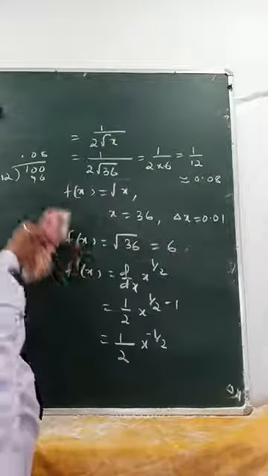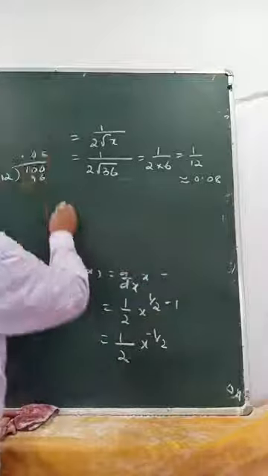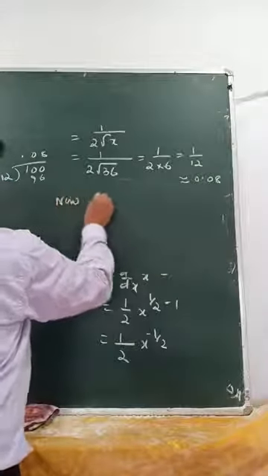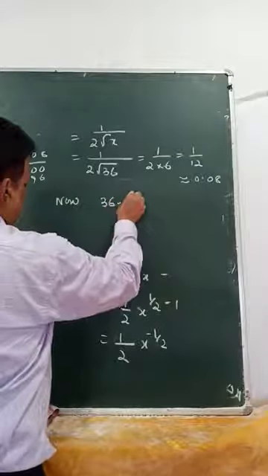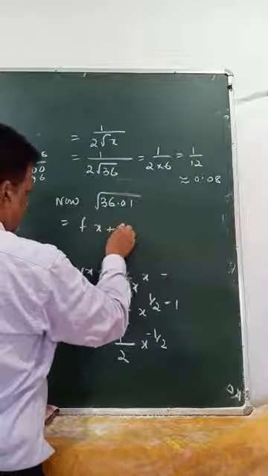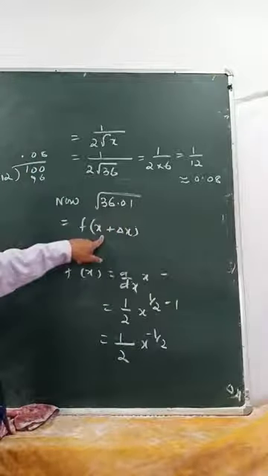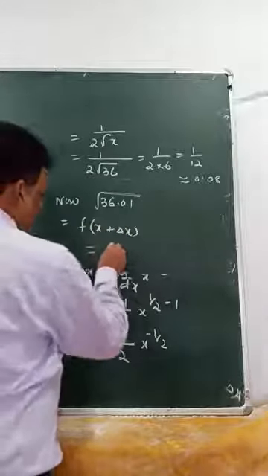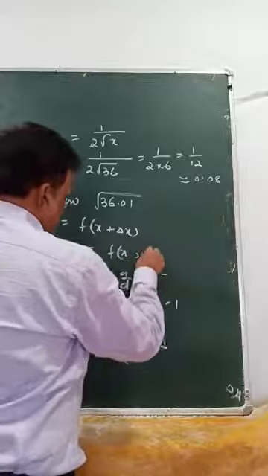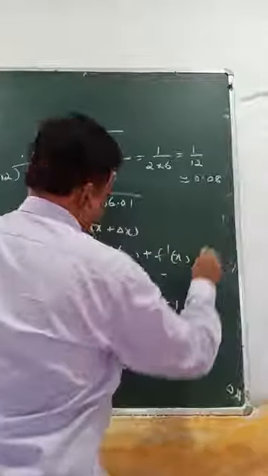Okay, now square root of 36.01 is nothing but your f of x plus delta x. This is what you want to find out, which is equal to f(x) plus f dash x delta x.